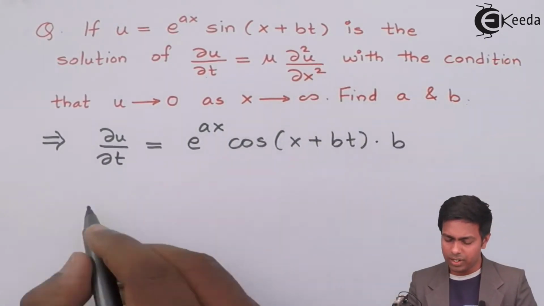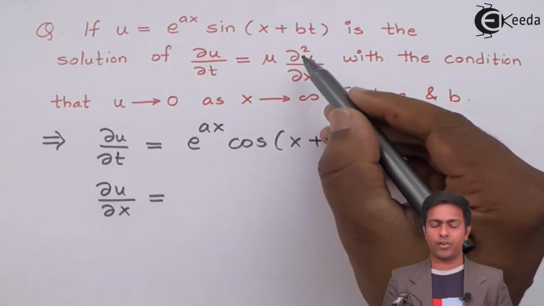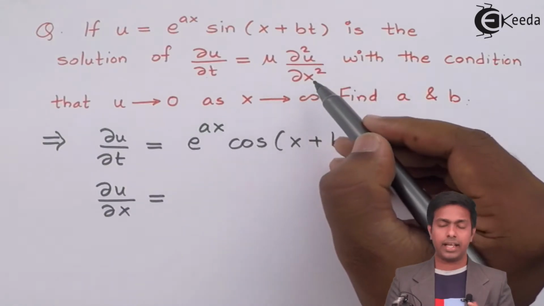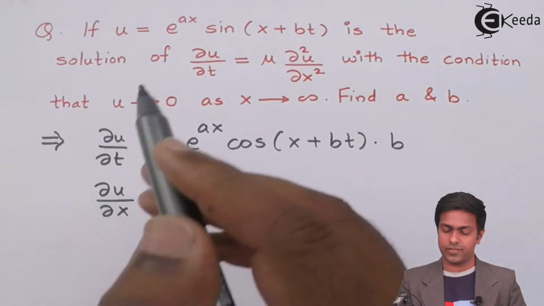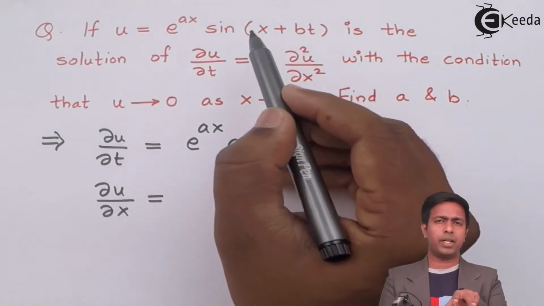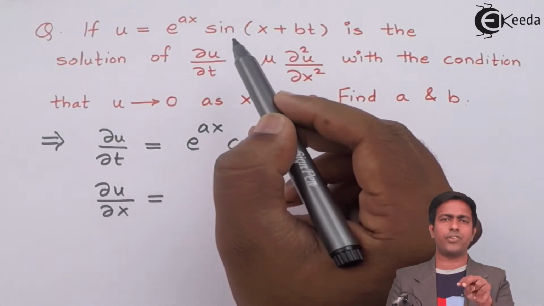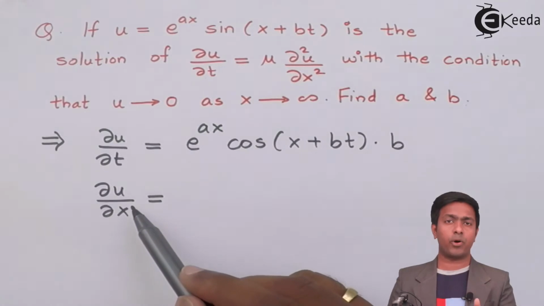Now let's find out del u by del x first, and then we'll find del square u by del x square. To find this value, if you see this function u, there are two functions multiplying each other, and in both the functions we have x. So we have to use the UV rule or the product rule of derivative.